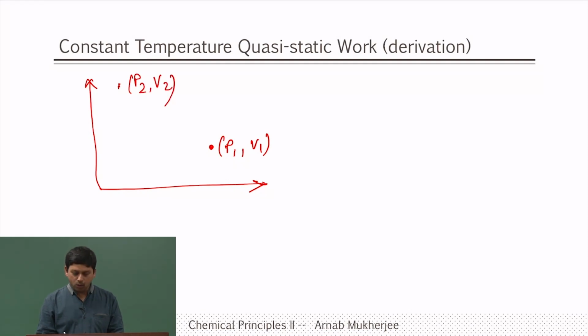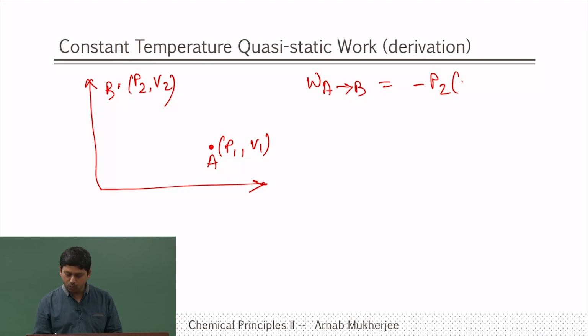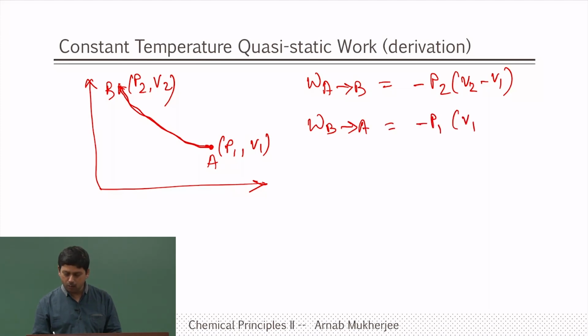So, when we go from P1 V1, let us call that A, to B, work done going from A to B was minus P2 V2 minus V1, right. Now, let us go back. So, we went from A to B, now let us go back from B to A. What will be the work done? Minus P1 V1 minus V2, correct.